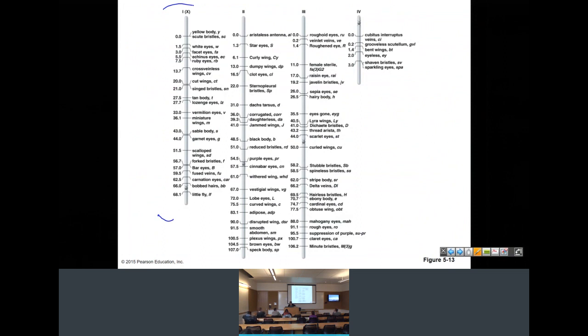Is the yellow body the first gene on this chromosome, or is the little fly the first gene? It depends. In the beginning, if you're mapping yellow body and little fly, you wouldn't know which one goes on which arm. You're just randomly putting one at the top and one at the bottom and hoping you're eventually going to figure that out, which they obviously did. So here's just an example.